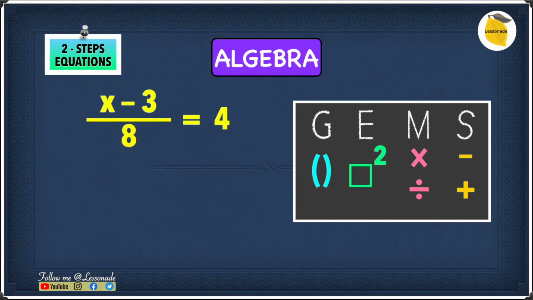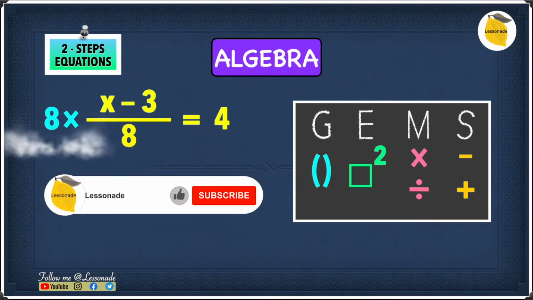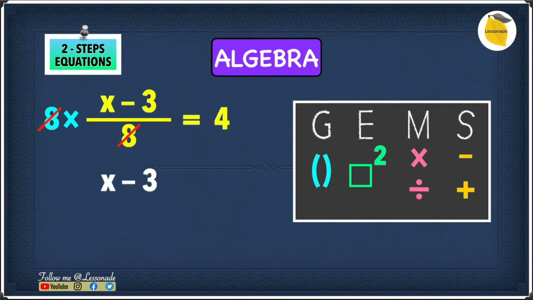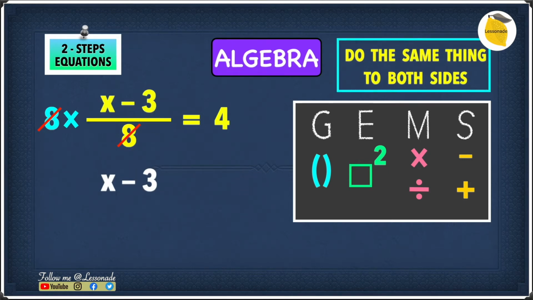To undo this 8, we have to times by 8. So the 8 at the top and the 8 at the bottom cancel each other out, which means we're left with x minus 3. Remember, we have to do the same thing to both sides, so times the other side by 8. 4 times 8 will give you 32.